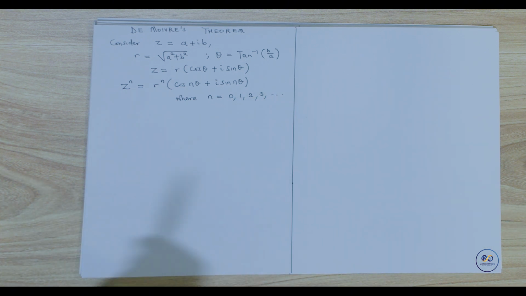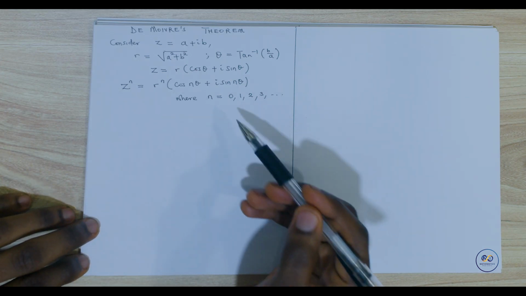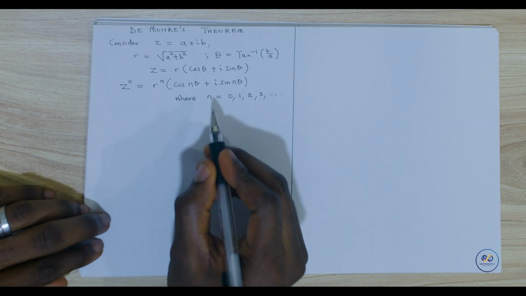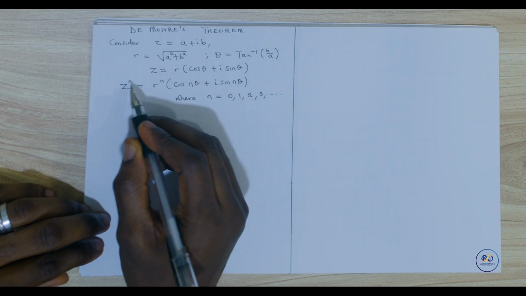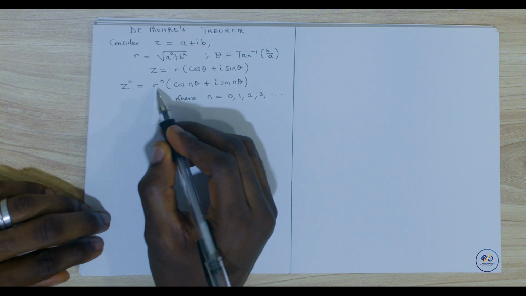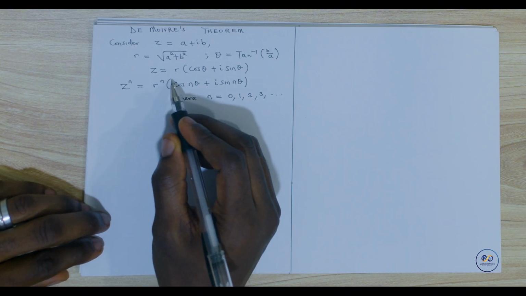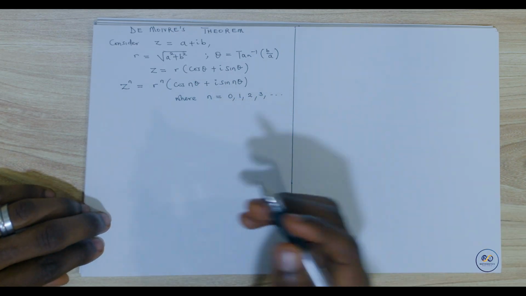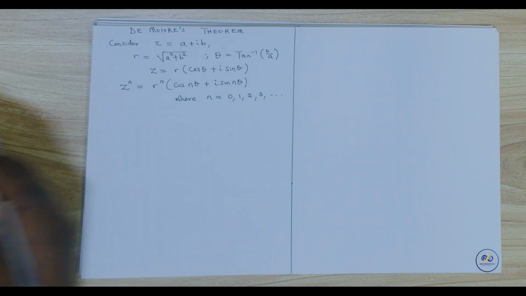Now, you might wonder why exactly we are picking n to be 0, 1, 2, 3, and so forth. The reason we can do this is that when n is 0, you have z raised to the power 0, which will be equal to r raised to the power of 0 into cos 0 plus i sin 0. Sin 0 is 0, cos 0 is 1.